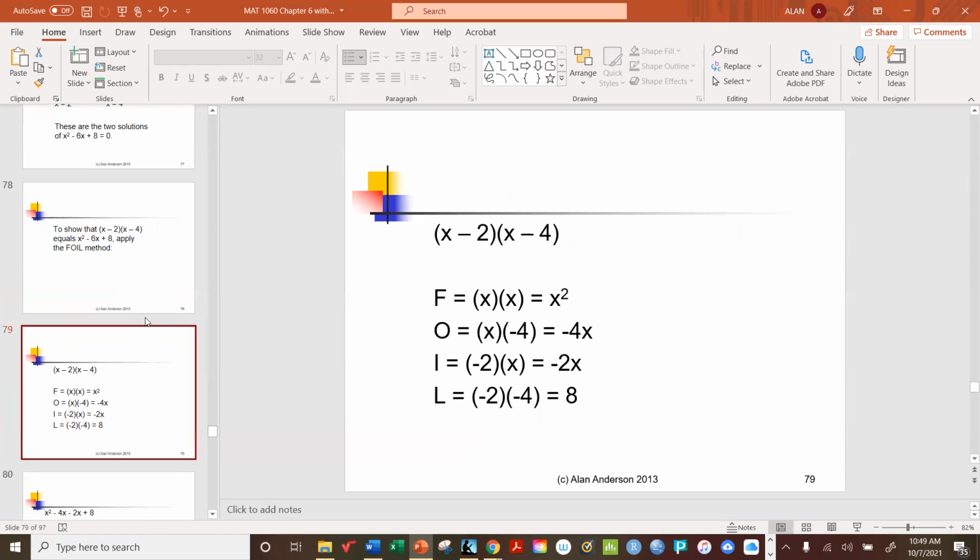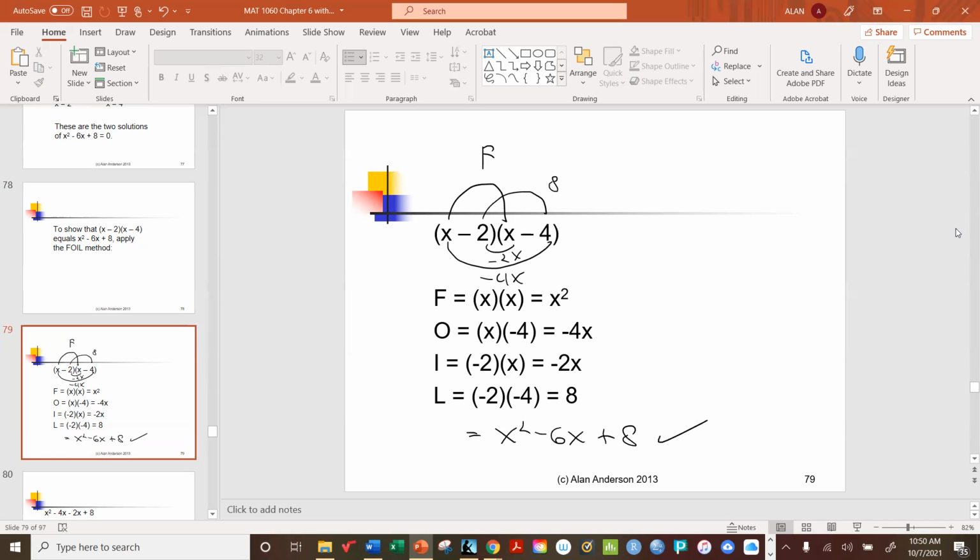All right, so if you apply FOIL here, here's F, here's O, here's I, and here's last. So x squared minus 4x minus 2x, oh, what do you know? So we found the right factors, that's for sure.